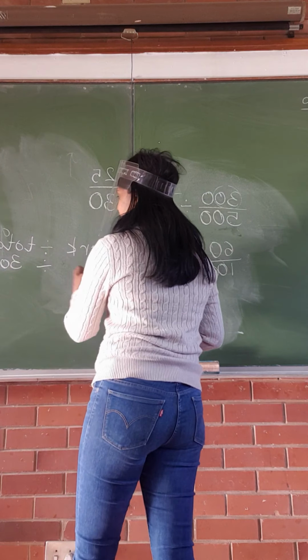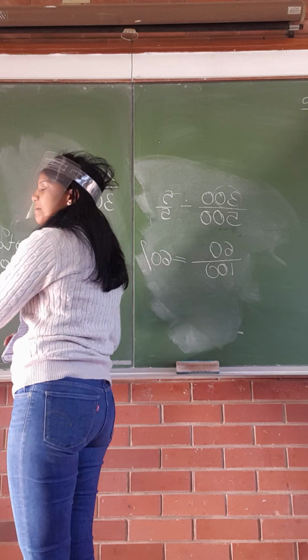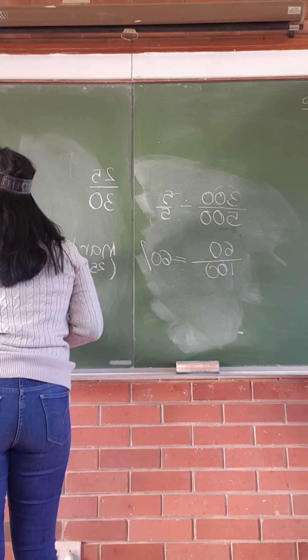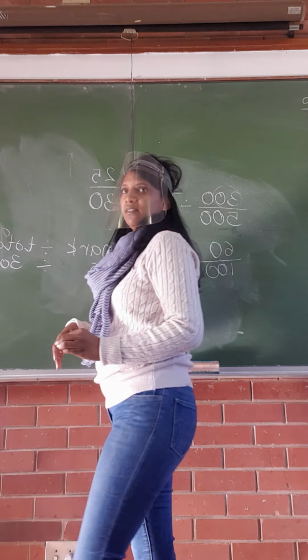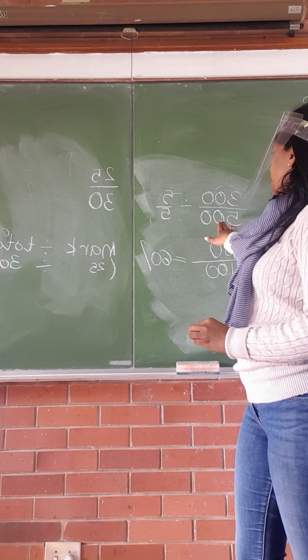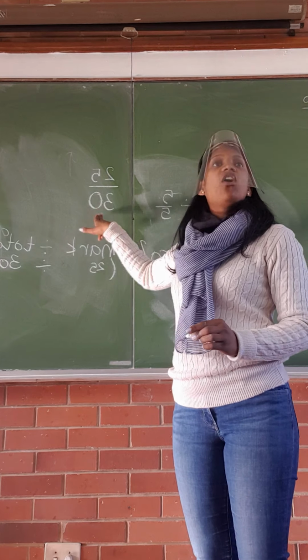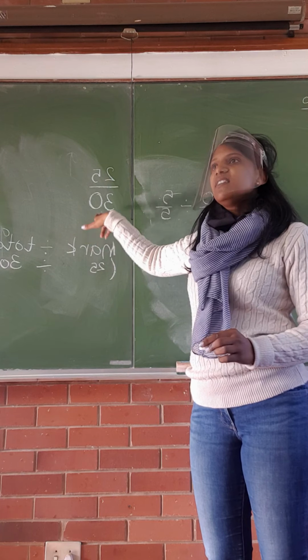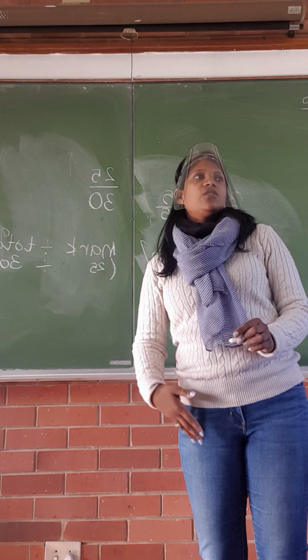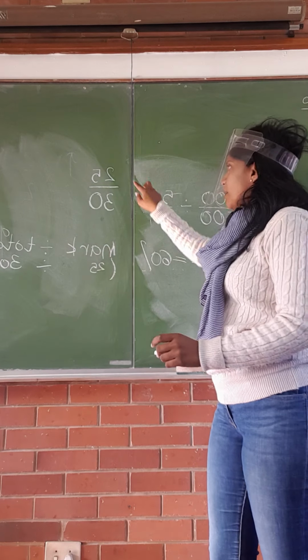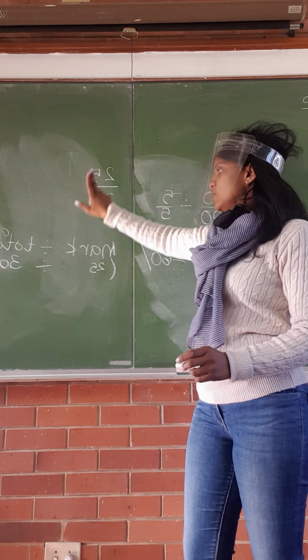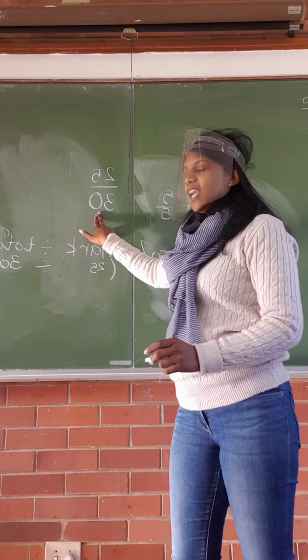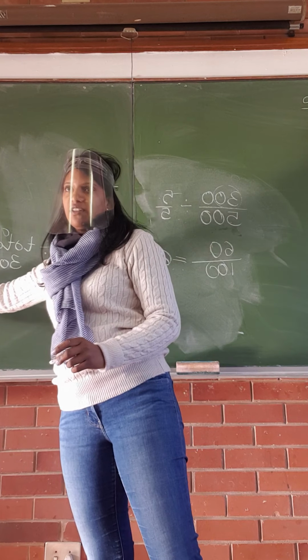And then when I get this answer, I multiply it by 100. So that's if your denominator is not straightforward. If it's an odd number like Musa's one, 30, 65, 12, you take the mark that you got, you divide it by the total, and then you multiply it by 100.